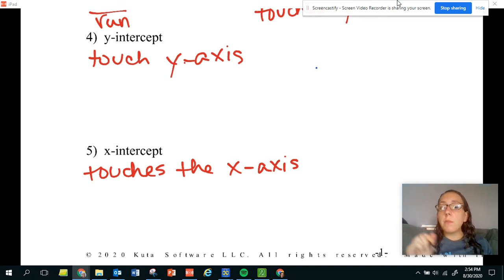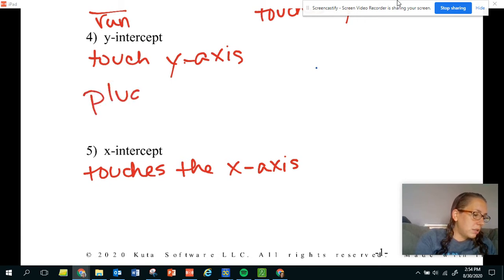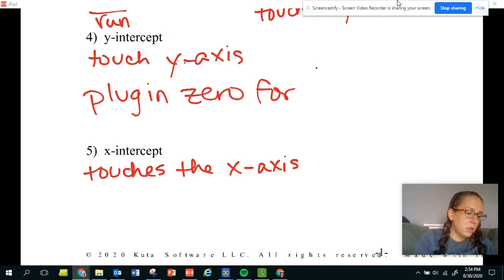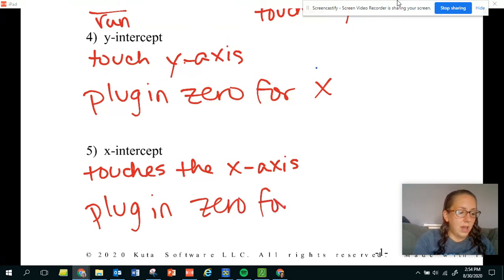Anyway, but if you're coming from an equation, you actually have to do some algebra. So to find the y-intercept, you're going to plug in 0 for x. And if you're doing the x-axis, you're going to plug in 0 for y.